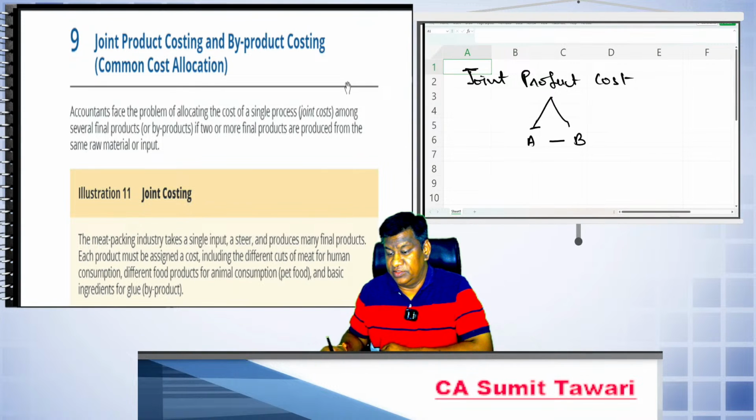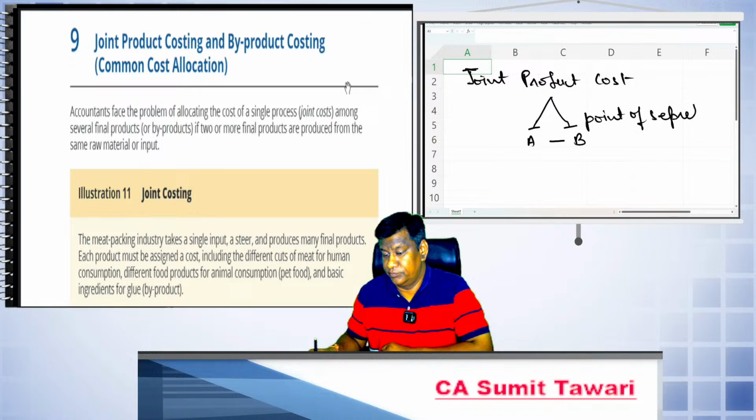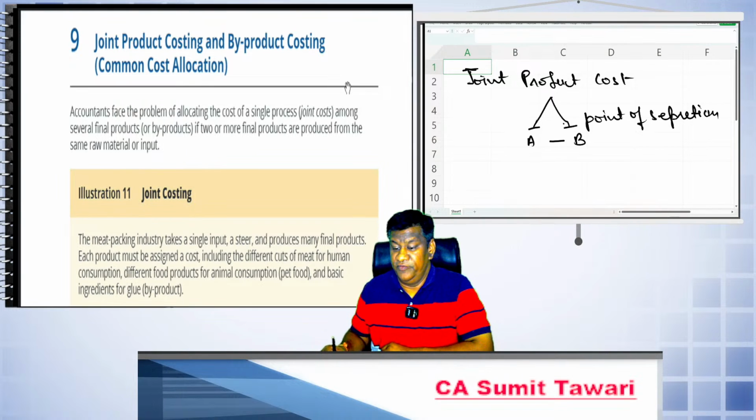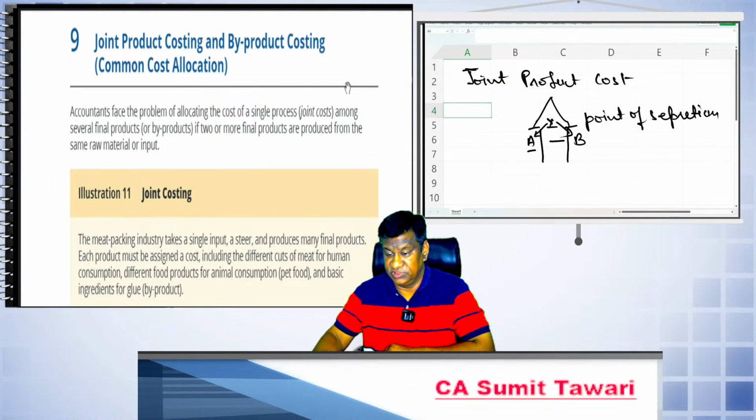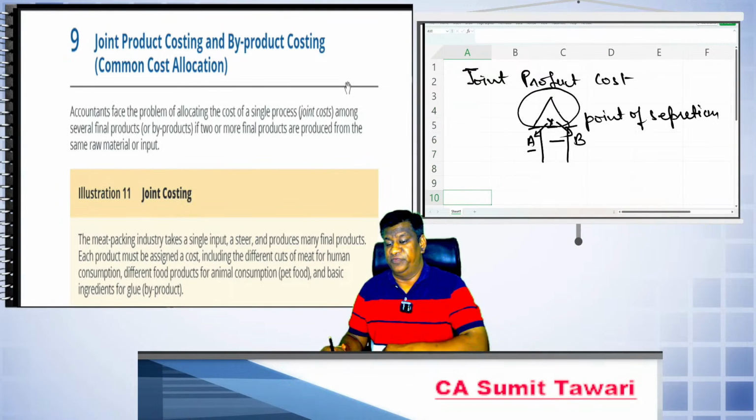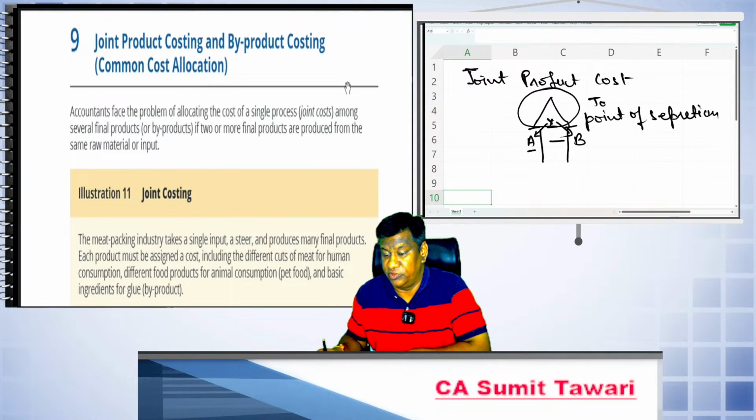This is the point of separation, where you need to apply additional processes. If you follow the same process you will get the product X, and then you apply the separate process. With this you can get the product A or product B. So this is basically the joint product. Whatever the cost you are incurring for manufacturing product X, this is basically the joint cost.